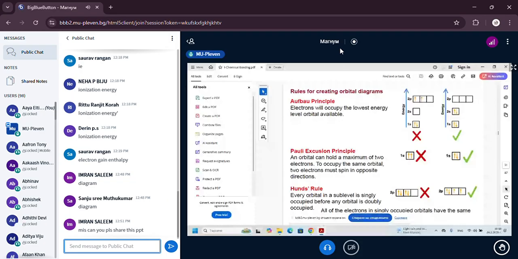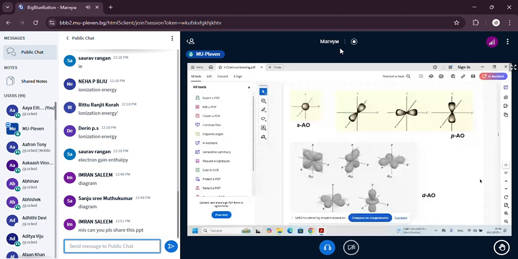The shape of atomic orbitals. Different atomic orbitals possess different shapes. S-atomic orbital shape, p-atomic orbitals, and d-atomic orbitals. What can we say? The orientation of S-atomic orbitals is toward all directions in space.